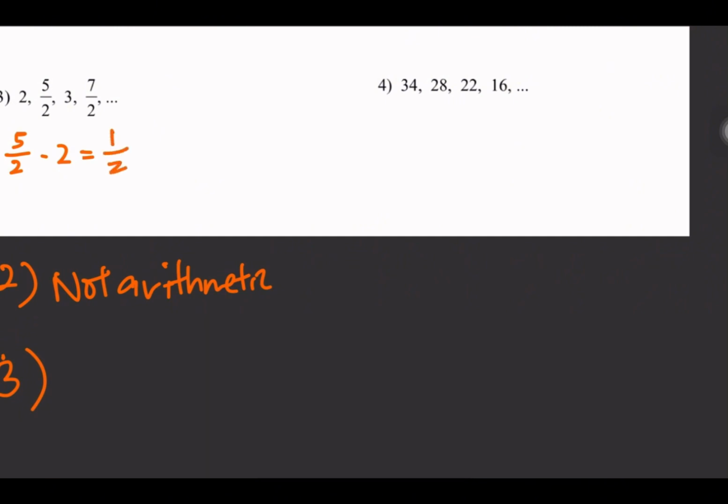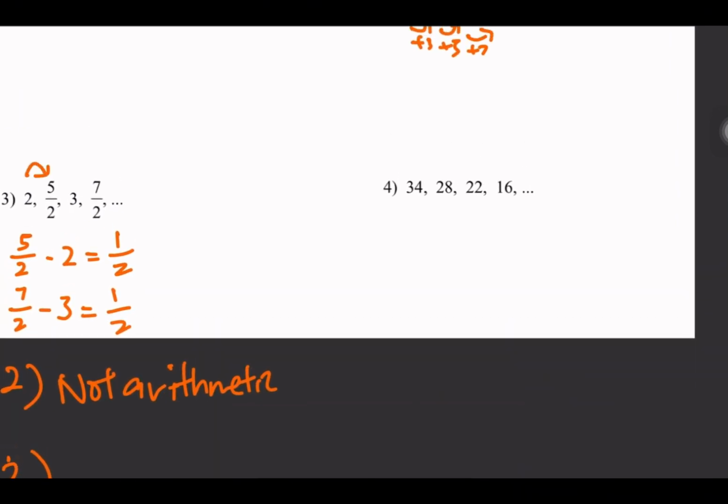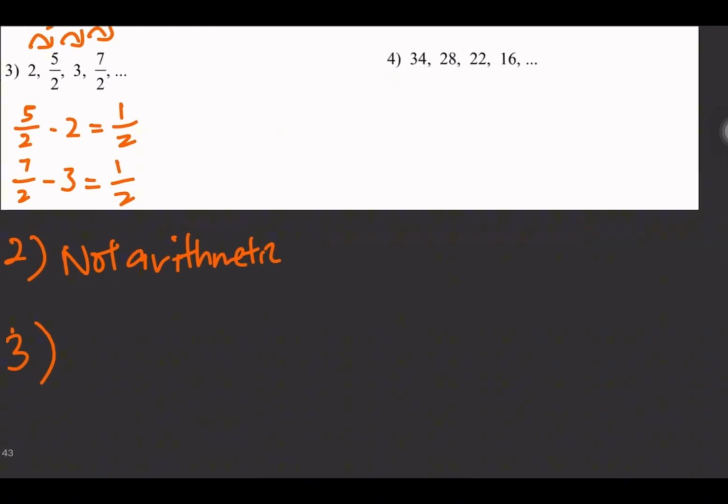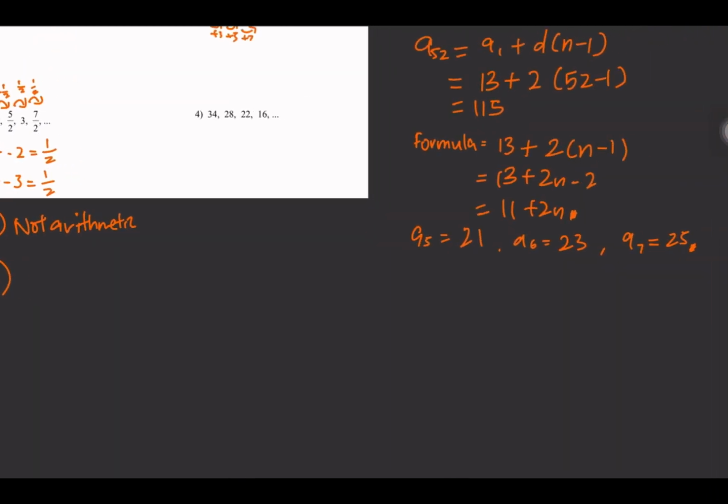Now let us take 7 over 2 minus 3. Well, you get 1 over 2. So it's actually adding a constant, adding 1 over 2 each time. And it's actually an arithmetic sequence, where the difference is 1 over 2.